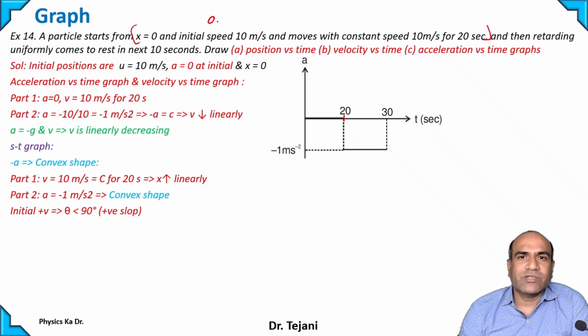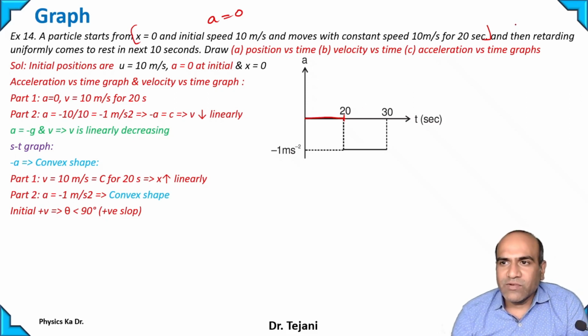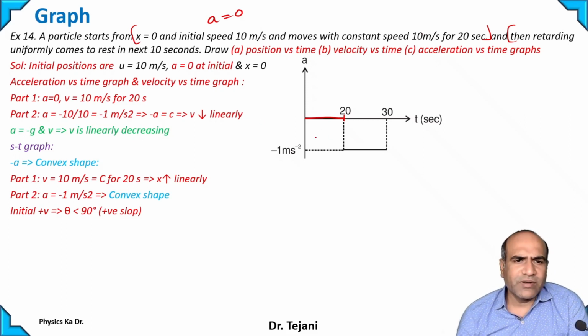For this region, acceleration is 0, therefore the line is flat. Then for the second region, retarding uniformly comes to rest, that means for the next 10 seconds we have minus 1 meter per second square retardation.